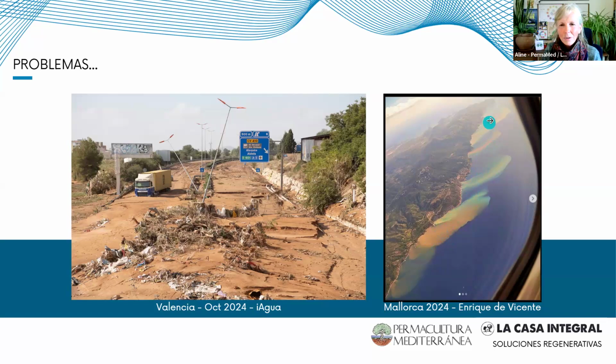This is the west coast, northwest coast of Mallorca after strong rains. It's a steep landscape, yes, but there were many terraces built in Moorish times. Yet because of climate change and abandoning of the agricultural practices that keep the topsoil there where it should stay, this is what happens.